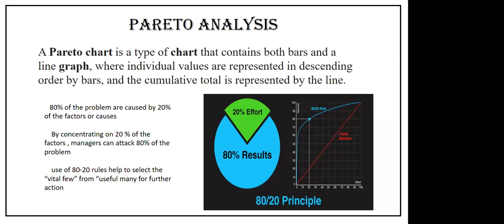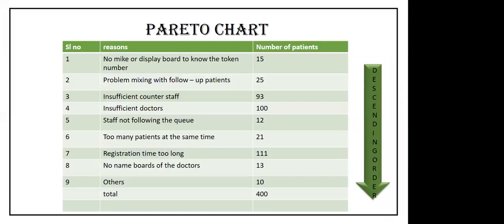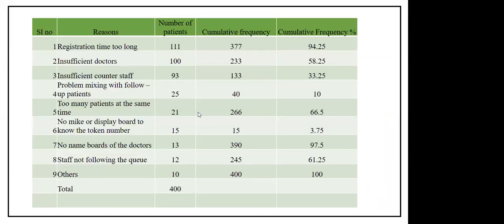To explain the Pareto chart, I am taking the data we got from the histogram. To plot the Pareto chart, first we have to rearrange the values, that is the number of patients, into descending order. Then we have to find the cumulative frequency, and the cumulative frequency percentage.